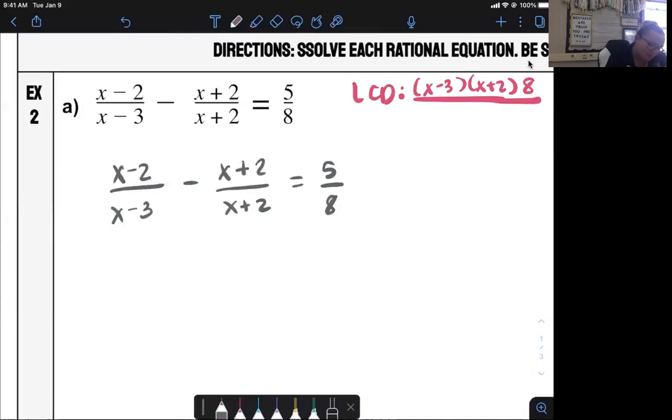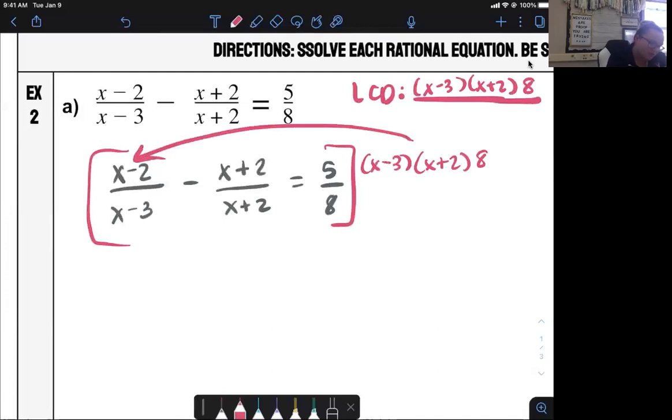So x minus 2 over x minus 3. We're going to multiply this whole thing by x minus 3, x plus 2, and 8. So I'm going to distribute that to all of these fractions.